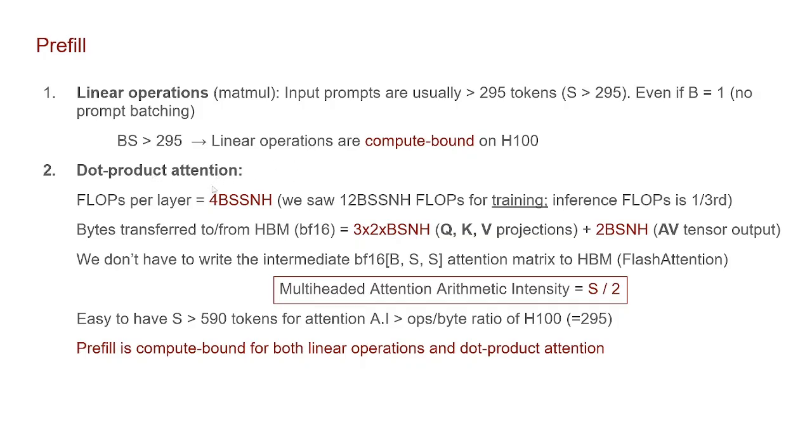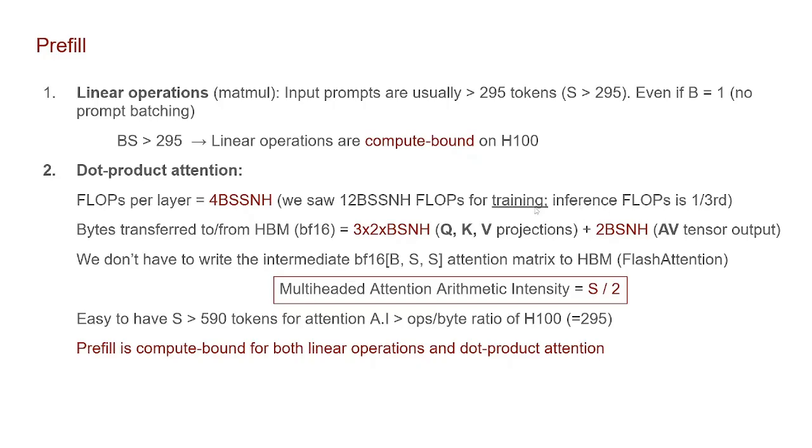What about the dot product attention? In our earlier analysis, we saw that during the training phase, we derived these many flops for dot product attention. Recall that it's order S squared in the sequence length. And as we also observed before, inference flops is 1/3.